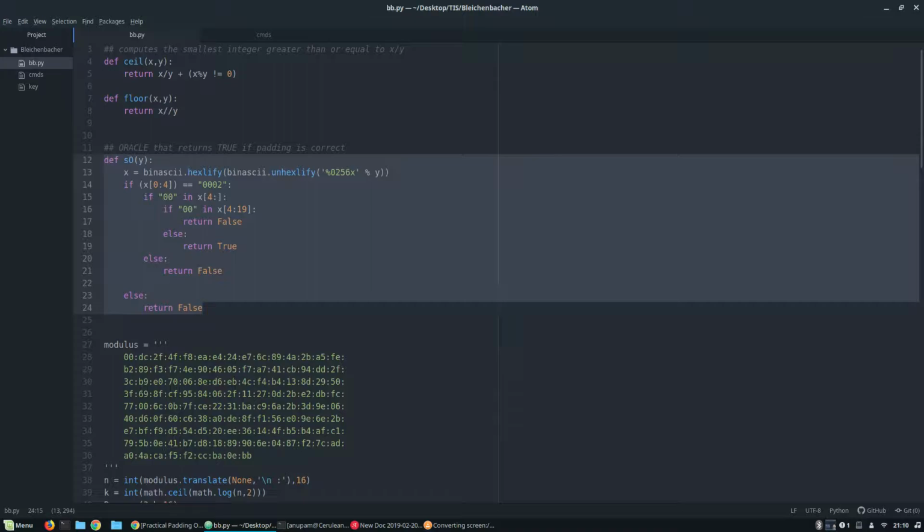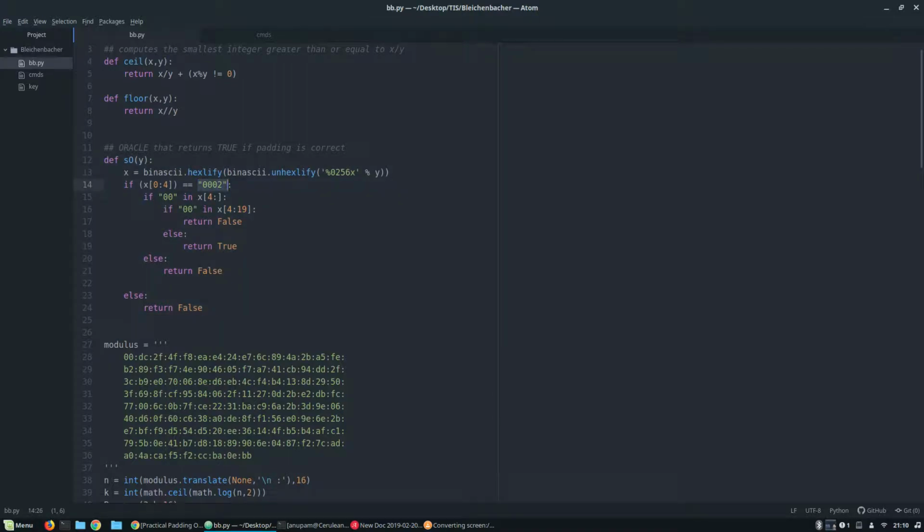Initially we check whether our message number contains 0002, which is the first 2 bytes for our message. Then we check whether the 00 is present, which should be there after the random set of integers, and it should not lie between 4 and 19, because we know that for our padding the random numbers should be 8 bytes.